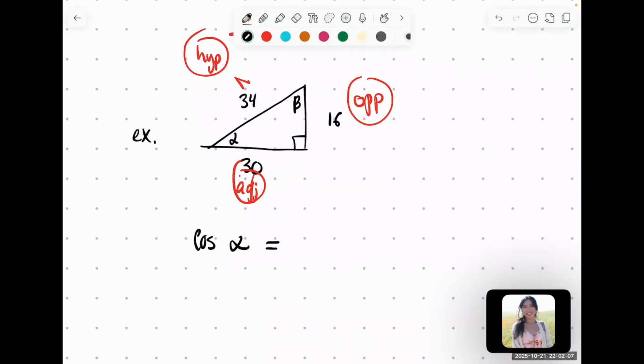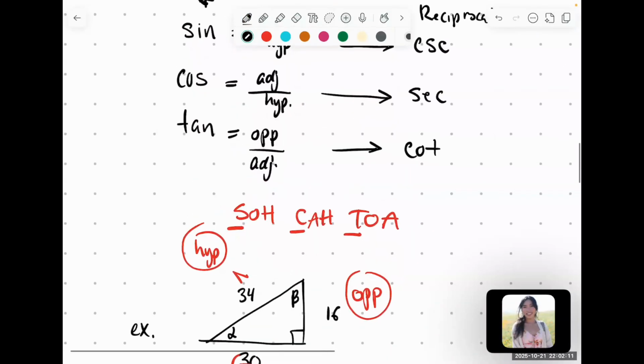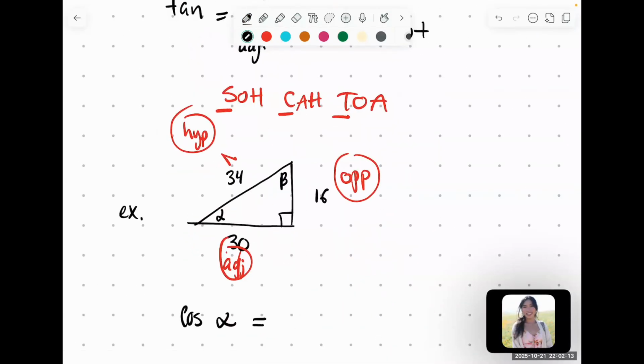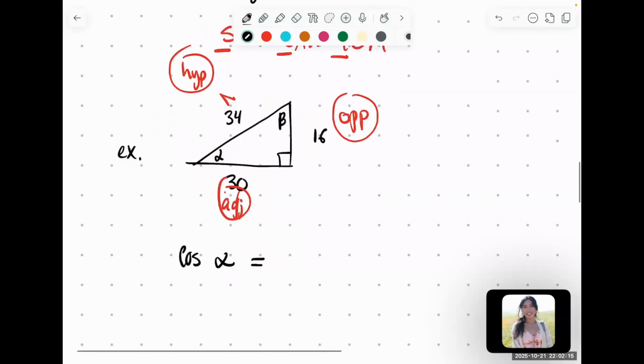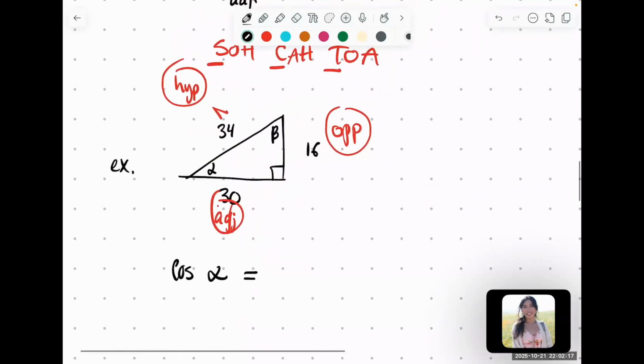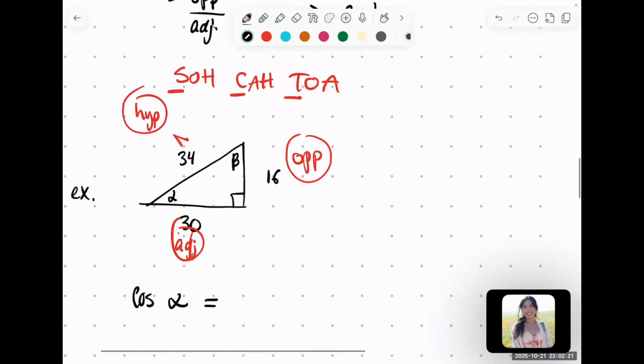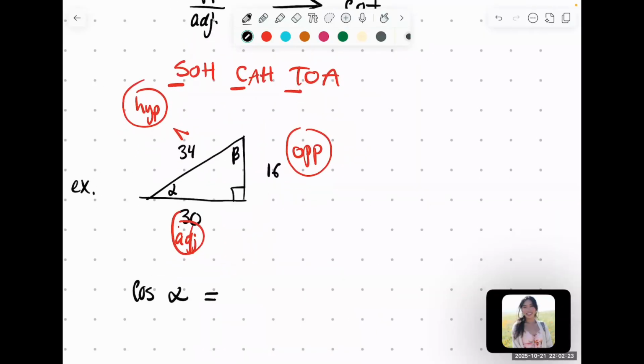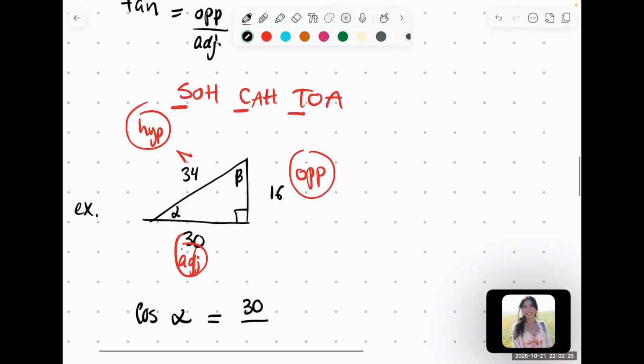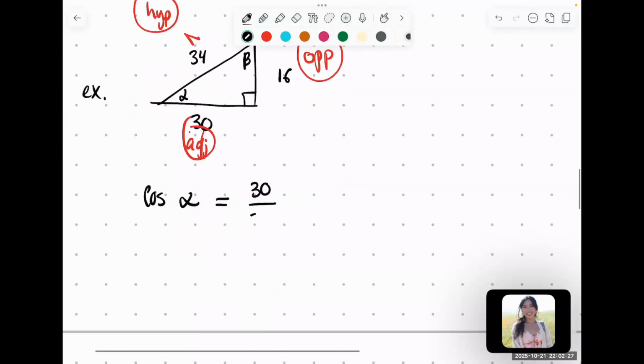So if we look up here, we said cosine is adjacent over hypotenuse. So for cosine of alpha, we're just going to find our adjacent, 30, over our hypotenuse, which is 34. We could divide both by 2.